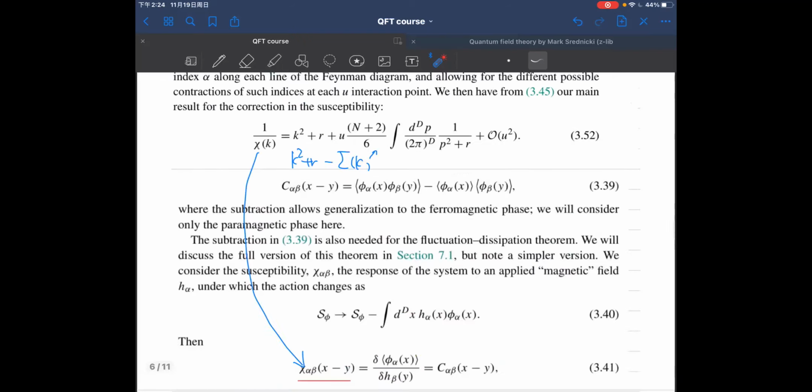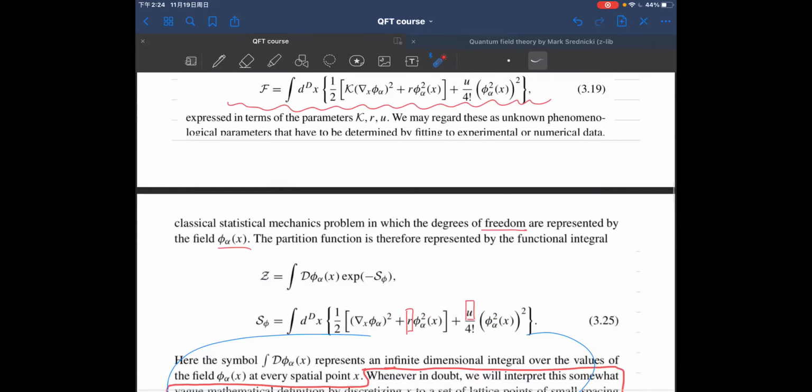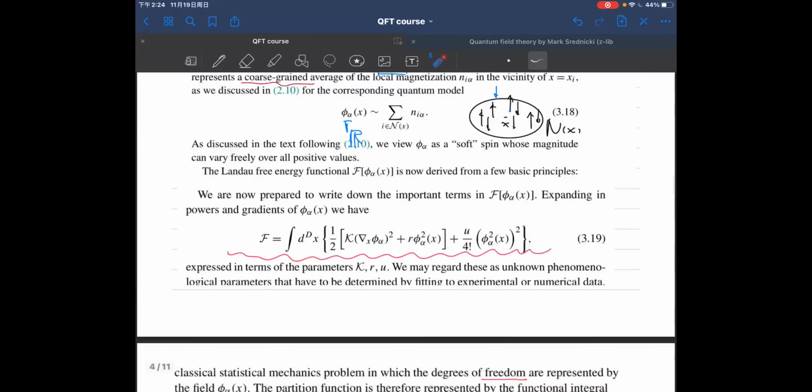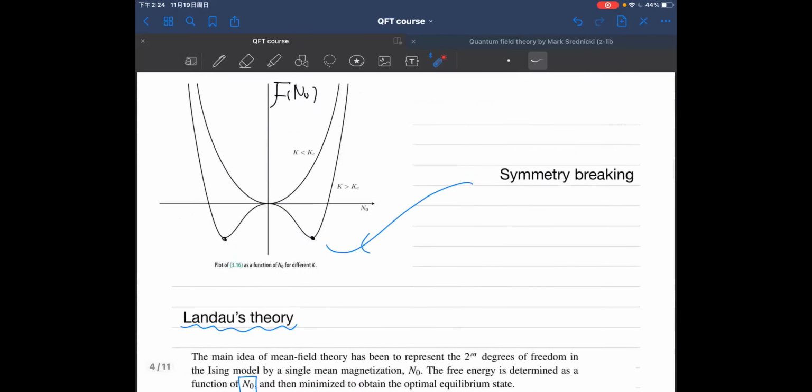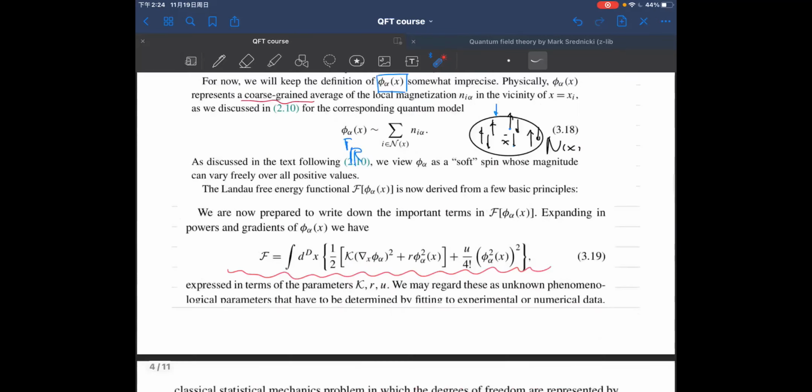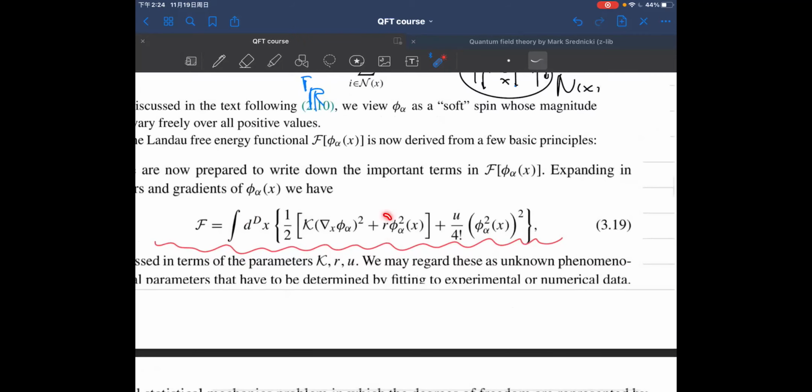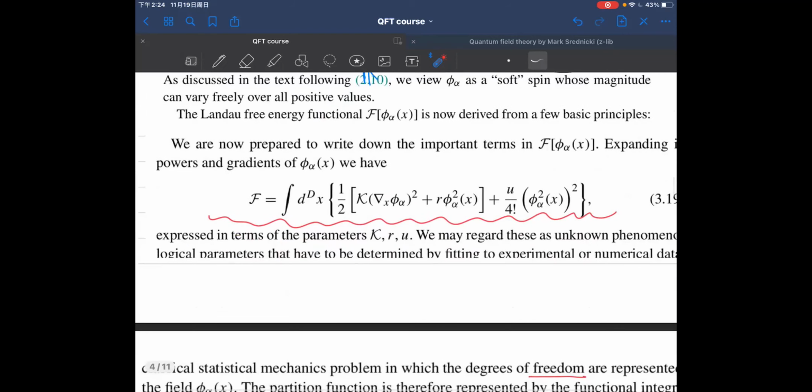We need to record the point of the phase transition. The phase transition happens where r changes sign. Because now we just discuss the spontaneous breaking, for the roughest approximation we just take the field to be a constant in this range, because a varying function would give a positive contribution to the free energy.